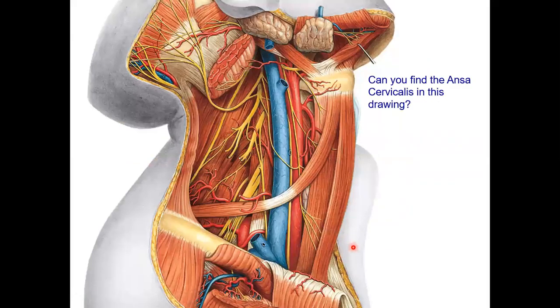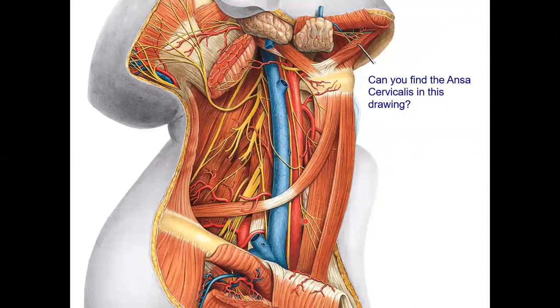All right, so finding the Ansa cervicalis in this picture, I believe it's right here. So you want to look for the loop that's lying over top of the blood vessels. So this would be contribution from C1 coming down, and then C2 and C3, if I'm right.